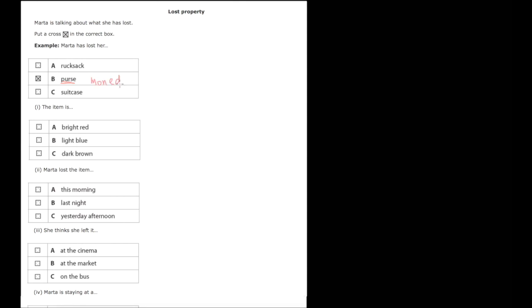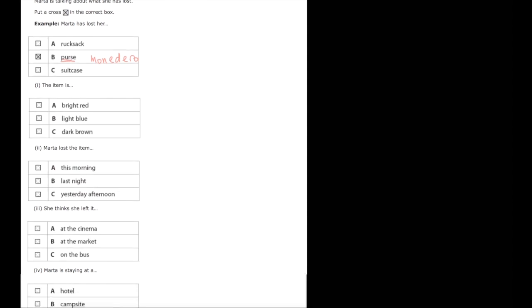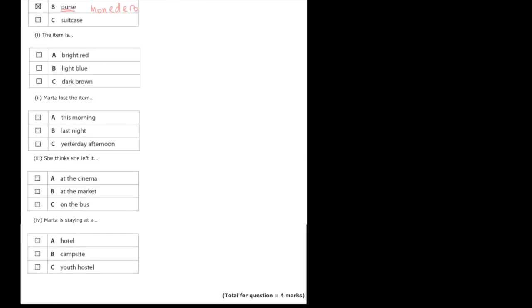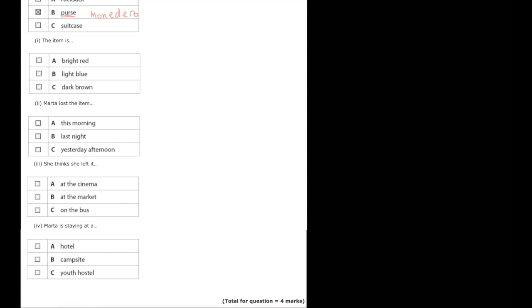Okay, monedero. Now the next thing I'm going to do is look at the other questions. So I know that the item is bright red, light blue, or dark brown. So the first thing I'm going to do, so that I'm quicker when I'm doing the listening, is ask what they are asking for. They're asking for the color.